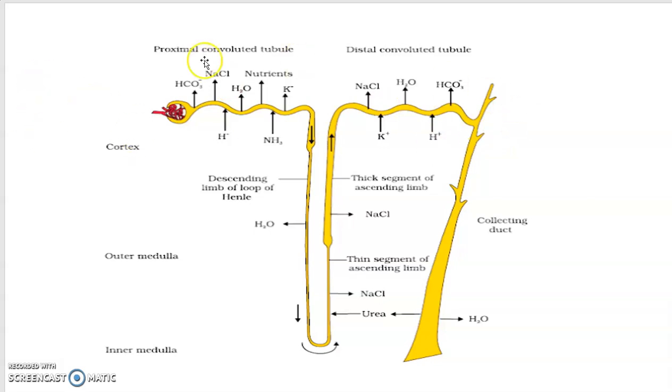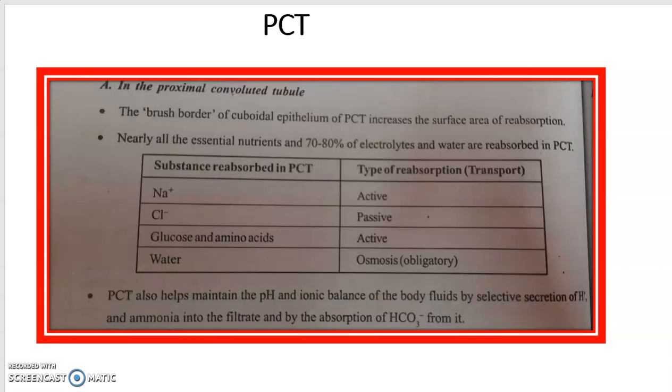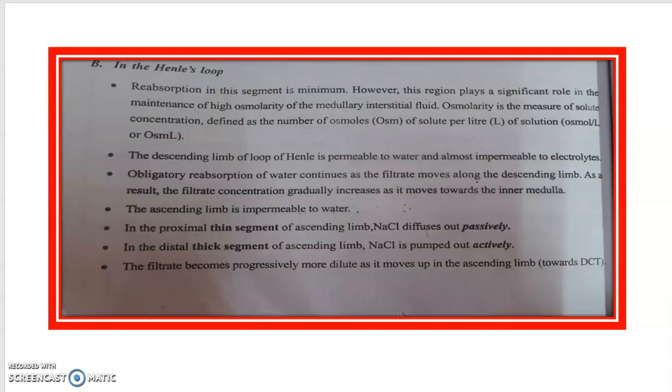Here you can observe the osmolarity, 1200 milliosmoles. Who is playing an important role in maintaining this high osmolarity of 1200? Henle's loop plays a significant role in maintaining high osmolarity of the medullary interstitial fluid.